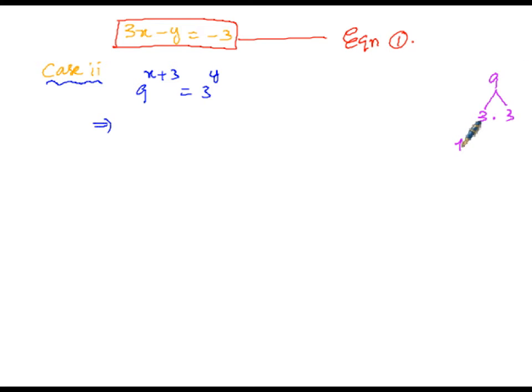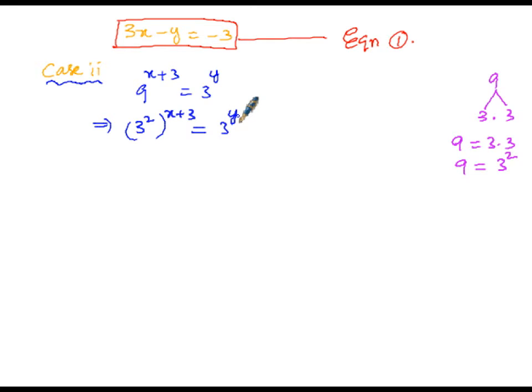So 9 can be written as 3 into 3, the expanded form of 9, and I want to write this expanded form in exponential notation. 3 is repeatedly multiplied twice, so we write 2 as the exponent. So 9 can be written as 3 square. Instead of 9, I am going to write 3 square, whole to the power of x plus 3 as it is, equals 3 to the power of y on the other hand.